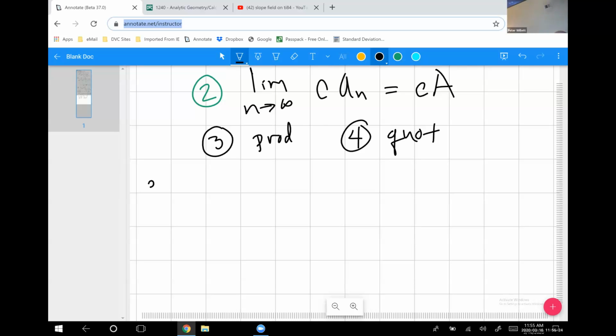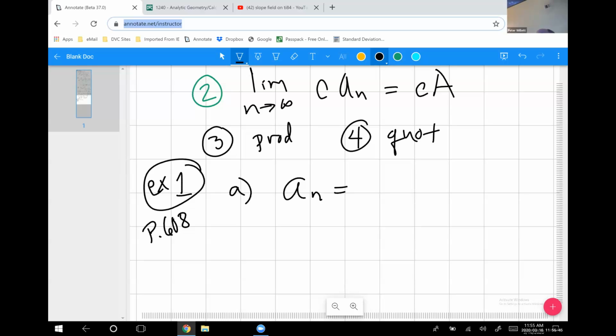So let's look at example 1 on page 608. And they've got a bunch of parts to it, but let's try A. Let's keep it simple for now. So it gives us a sequence. A sub n is equal to 3n cubed divided by n cubed plus 1.